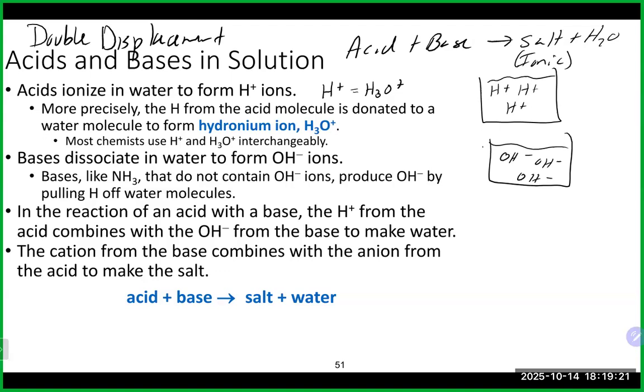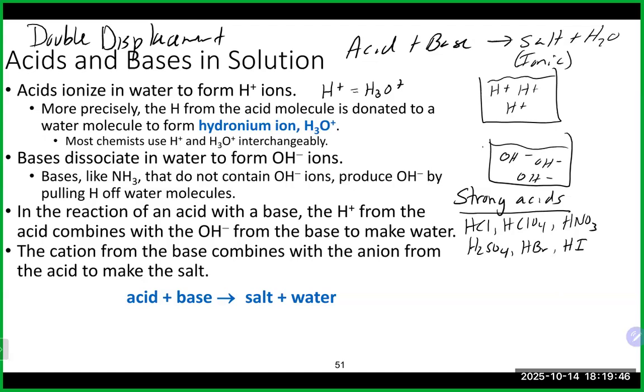Now, as we might have talked about, just a reminder that there is a list of 6 strong acids, and it's a good one to know: HCl, HClO4, nitric acid, sulfuric acid, hydrobromic acid, and hydroiodic acid.